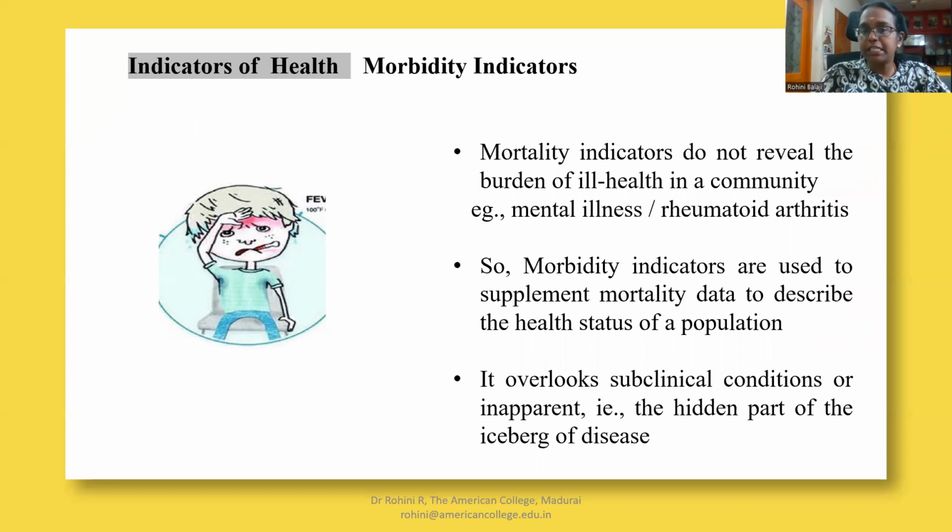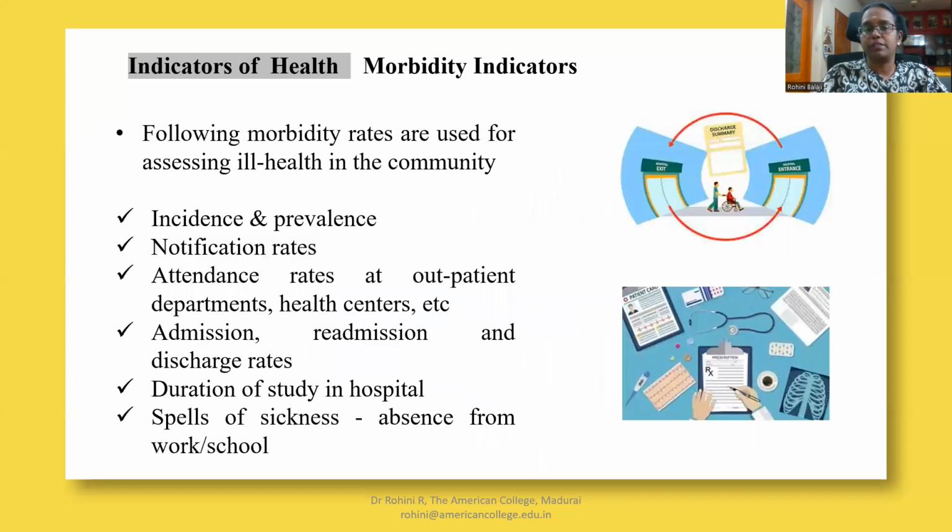So morbidity indicators are used to supplement the mortality data to describe the health status of a population. Morbidity is said to be the disease condition. It overlooks the subclinical or inapparent conditions, which are not physically visible. That is the hidden part of the iceberg of disease.